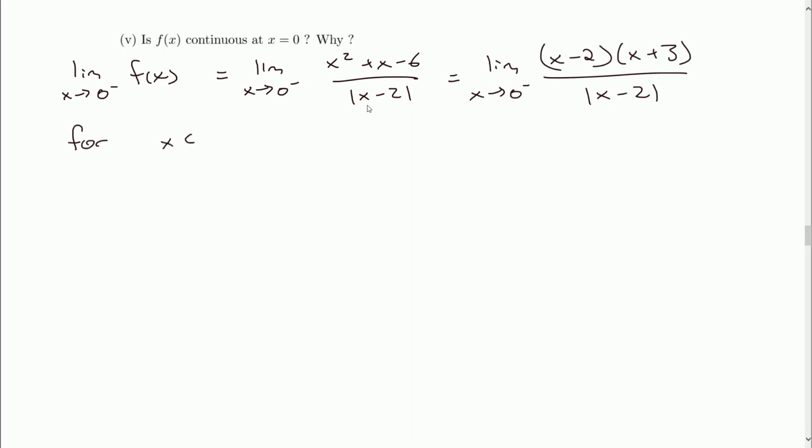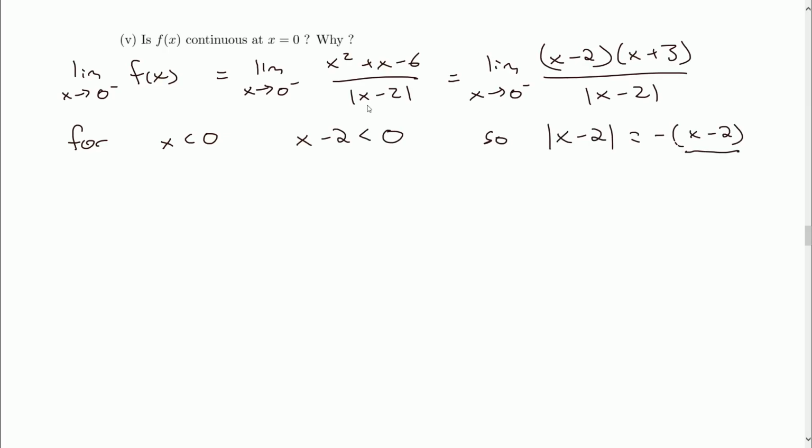Now, for values of x below 0, x minus 2 is always below 0, because x is already below 0, and we subtract things from it. So x minus 2 is below 0, it's negative, so absolute value makes negative things positive. How does it do it? By multiplying your negative thing by a negative 1. A negative 1 times a negative thing becomes positive.